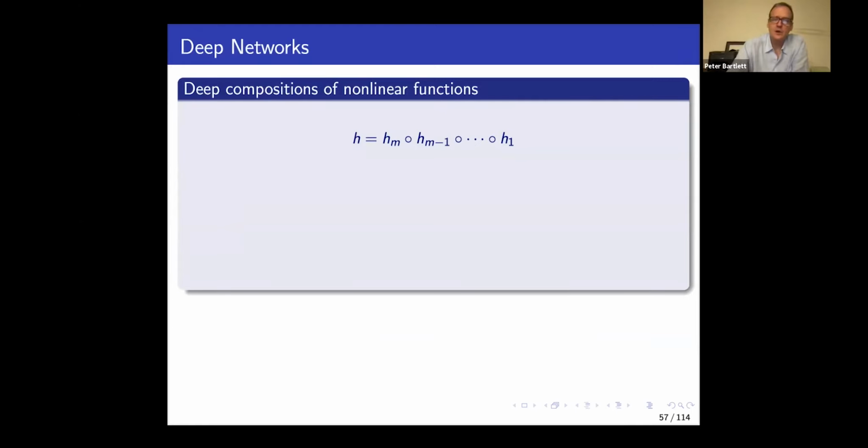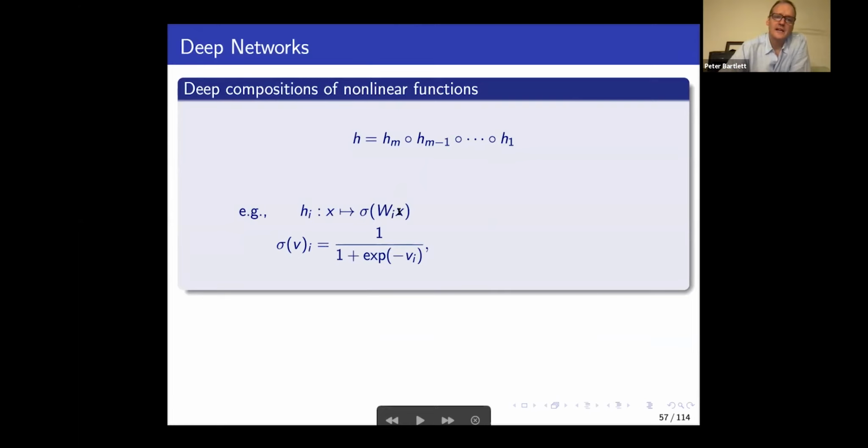You can think of these as compositions of nonlinear functions of the form: take a vector input for each stage in the composition, for the ith layer, multiply it by a matrix Wi, and pass that through a nonlinearity. The nonlinearity is applied component-wise, so the ith component of the output is this sigmoid nonlinearity applied to the ith component of the input.